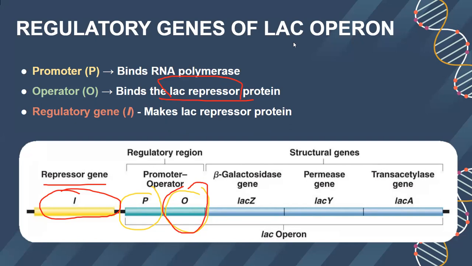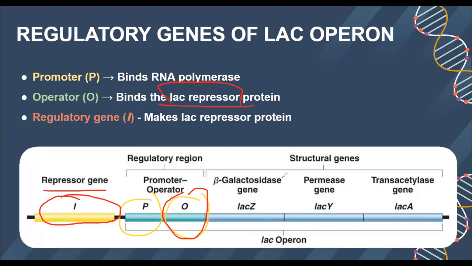So when the gene has to be turned off, when transcription does not have to take place, this operator region will block the RNA polymerase from transcribing further the genes which are lying ahead. That is why the operator is in the middle of the promoter and the structural genes.